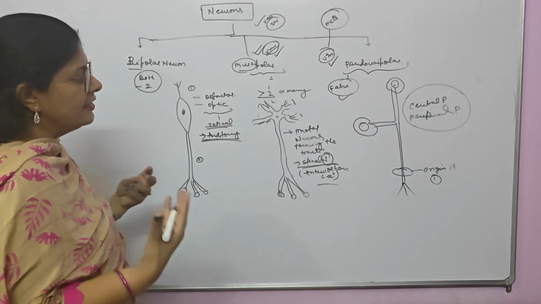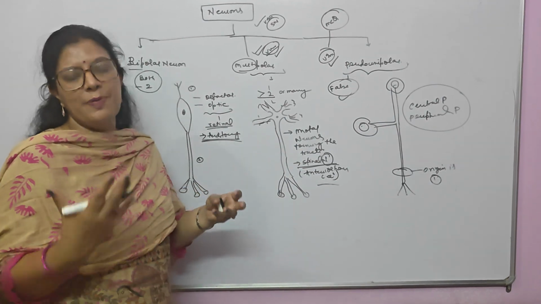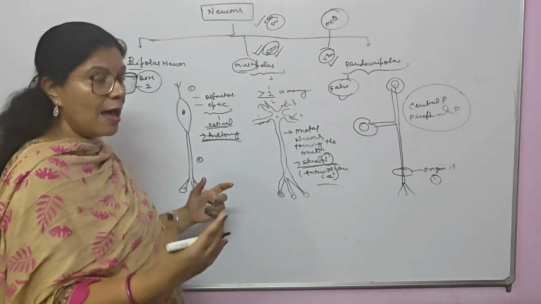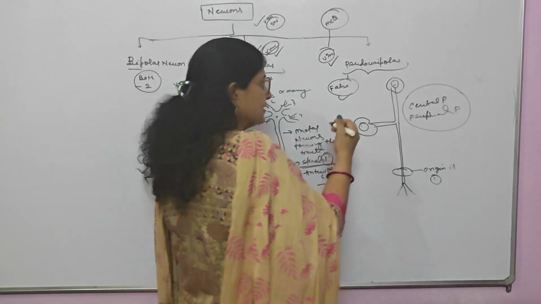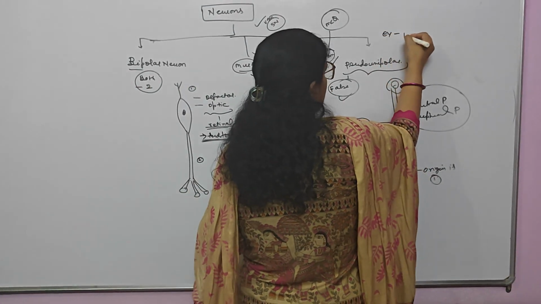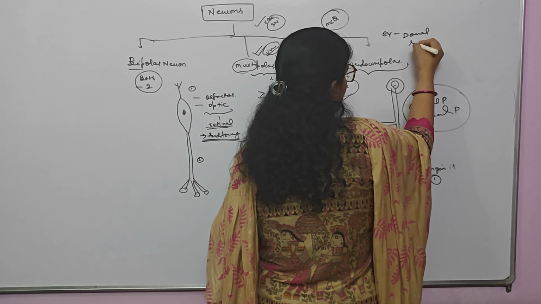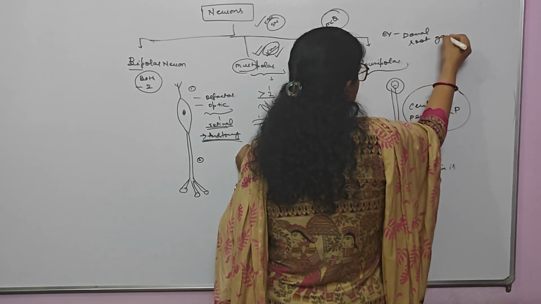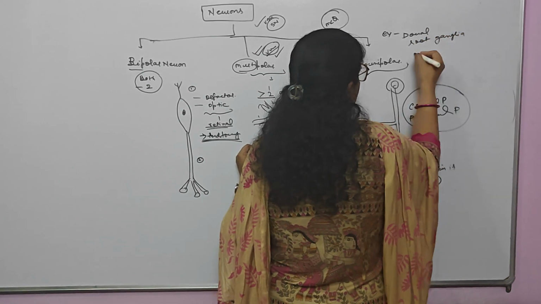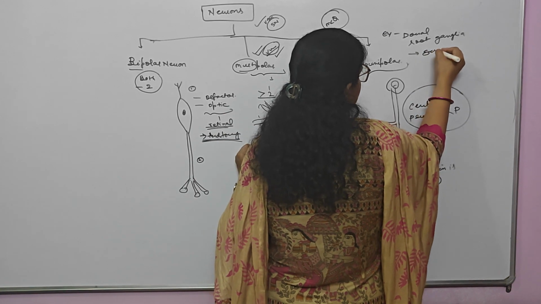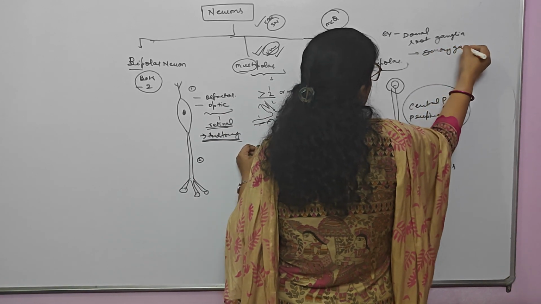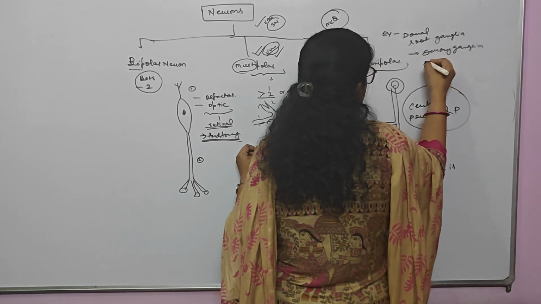It's showing us a false picture. So what are the examples? Examples are the dorsal root ganglia and the various sensory ganglia of the cranial nerves.